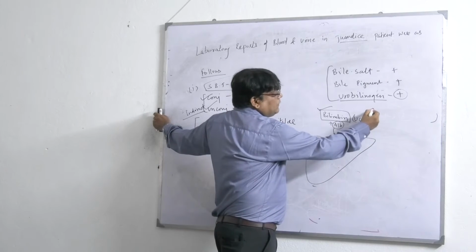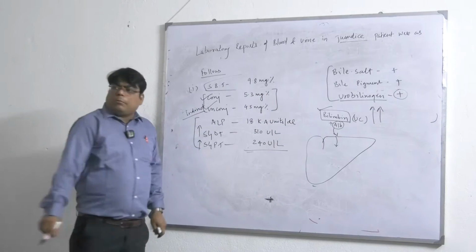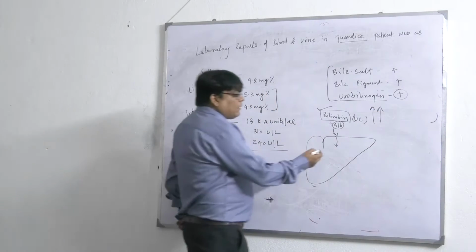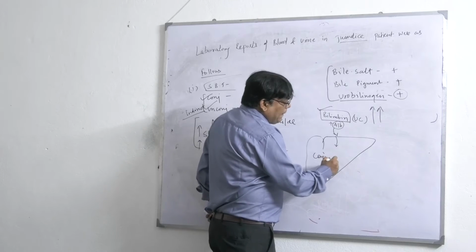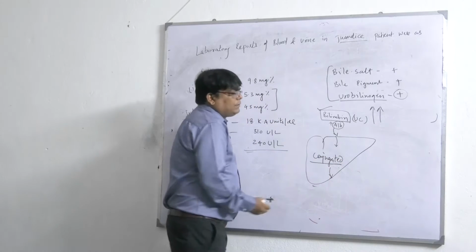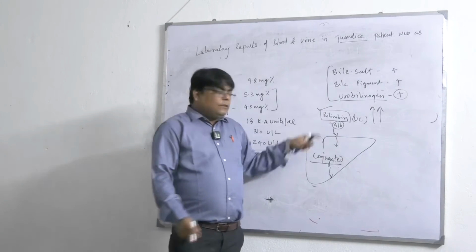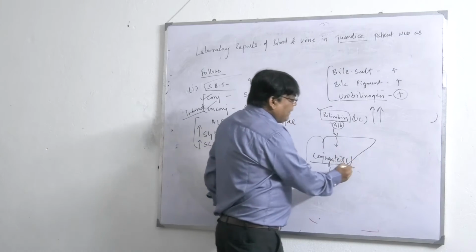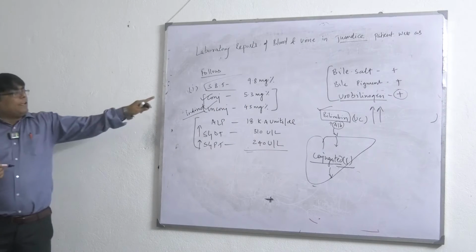So the level of unconjugated bilirubin is high because it is not further metabolized. And some of the conjugated bilirubin is not properly drained out from the liver. So what happened? Both unconjugated and conjugated bilirubin increase. You will see the report.